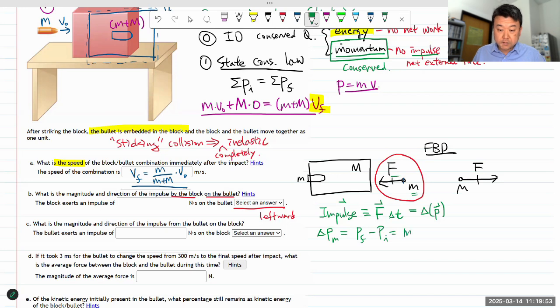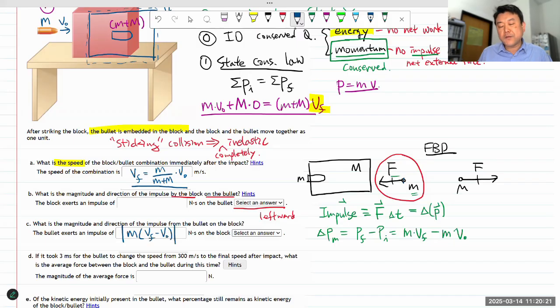So it'll be mass of the bullet times its final speed, whose numerical value we know from part A, minus mass of the bullet times its initial speed, V naught. So doing simple simplification, the expression for the impulse on the bullet is the absolute value, factor out the mass, times the V final minus V initial.